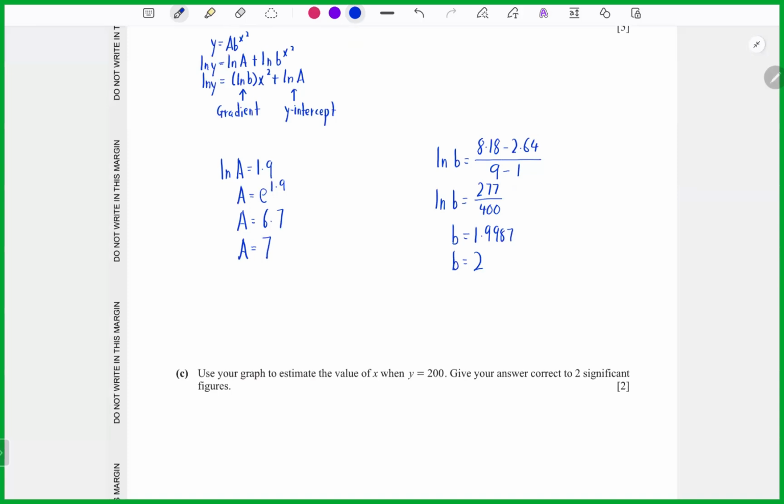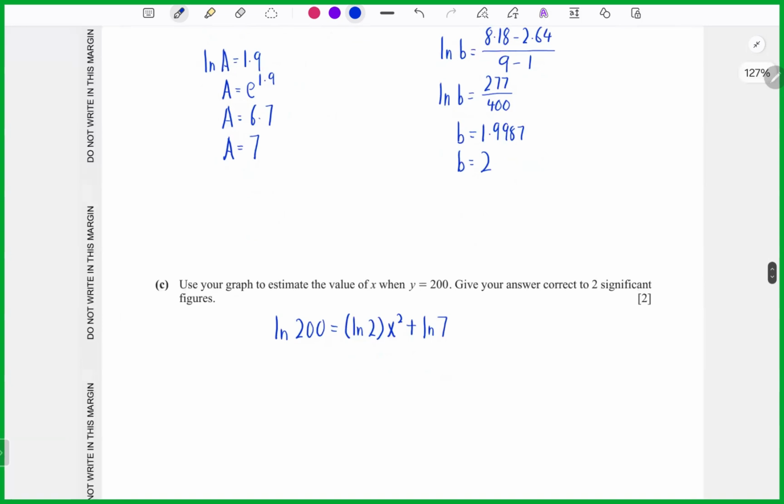So I can use ln 200 equals ln of 7 times 2 to the x squared, which is x squared ln 2 plus ln 7. So x squared equals (ln 200 minus ln 7) over ln 2.